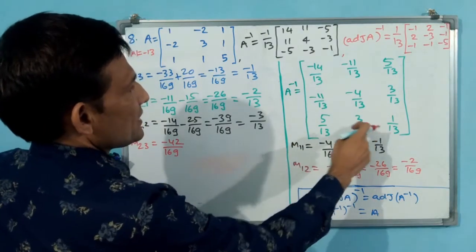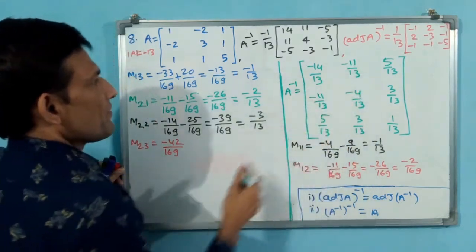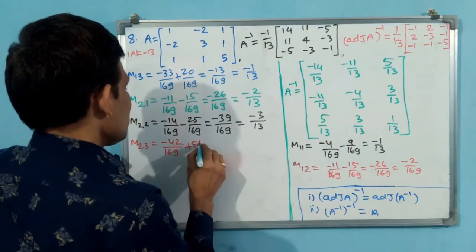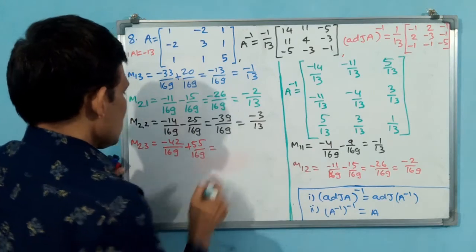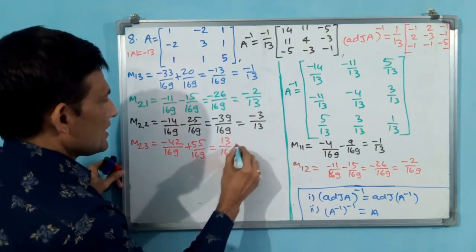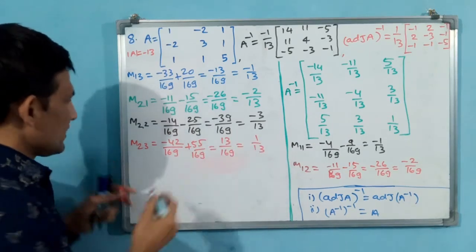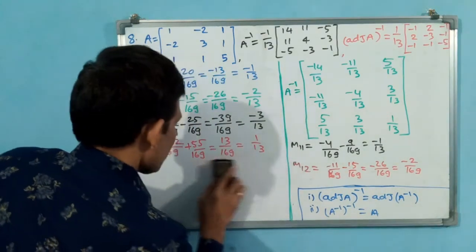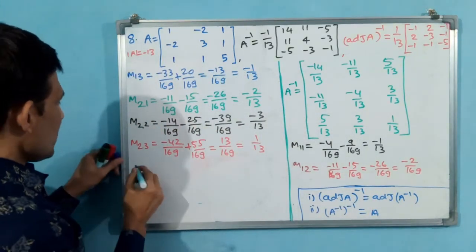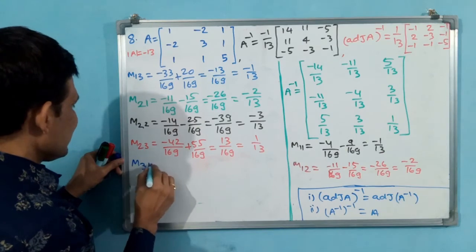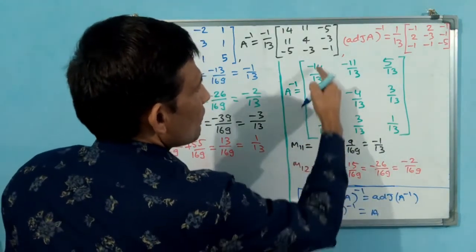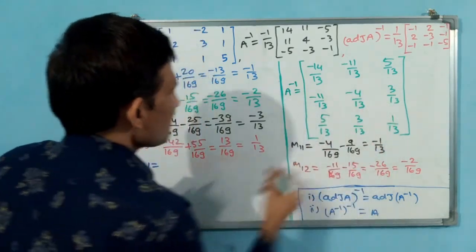Minus 42 by 169 plus 55. Why? Because the minus is there. Plus 55 by 169, that is plus 13 by 169, that means plus 1 by 13 will come. Now you go for M31. M31 means you are closing 5 by 13, row, column, row. You see, minus 33 by 169.